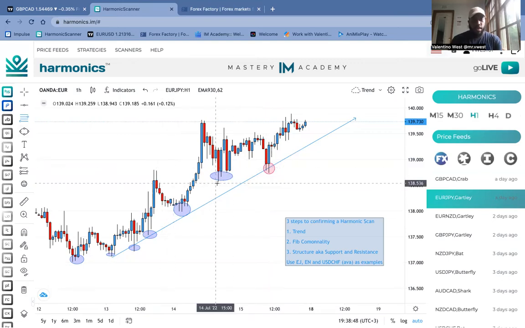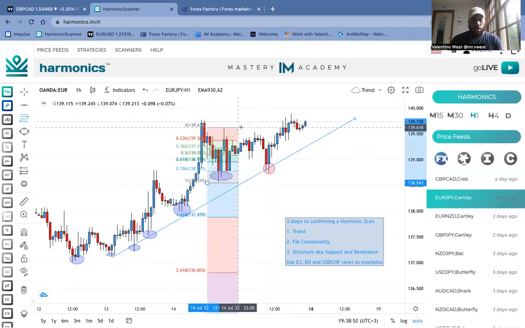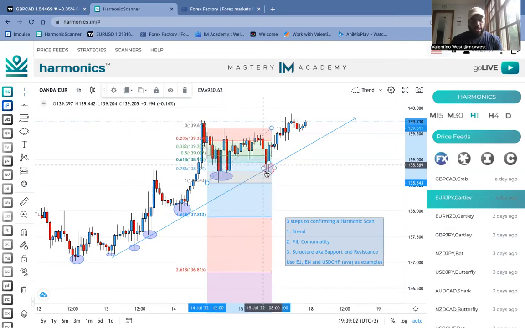So when I fib from this low here, the high would be right here where my mouse is, because that's where that wick is. So then all I'm doing is stretching it out now, so I can see as these lines stretch out, where is it lining up at?